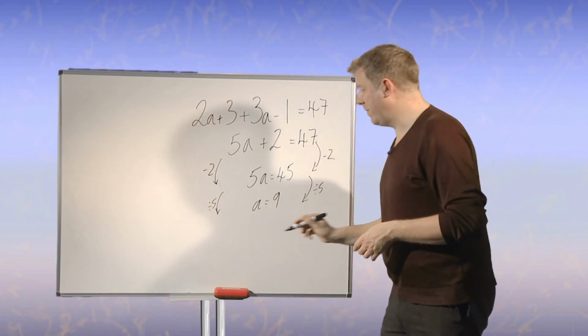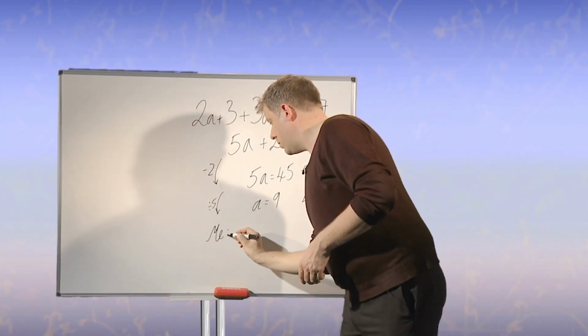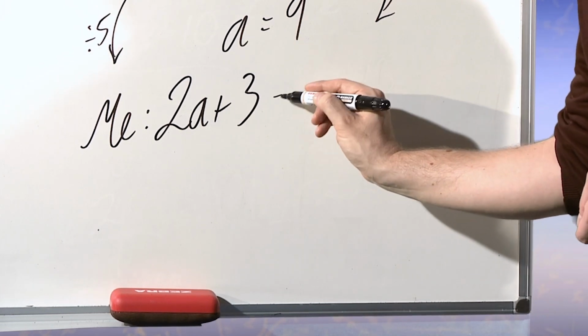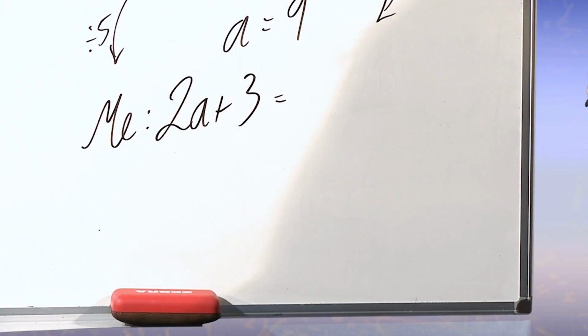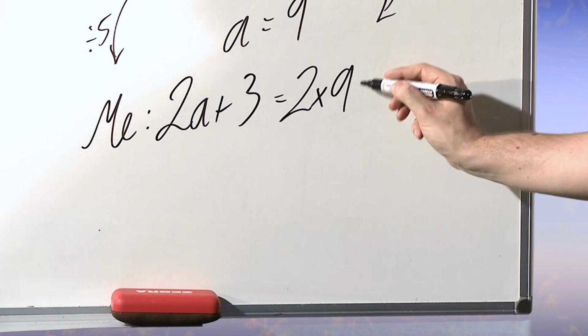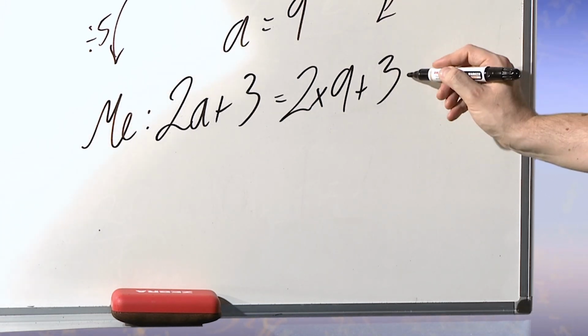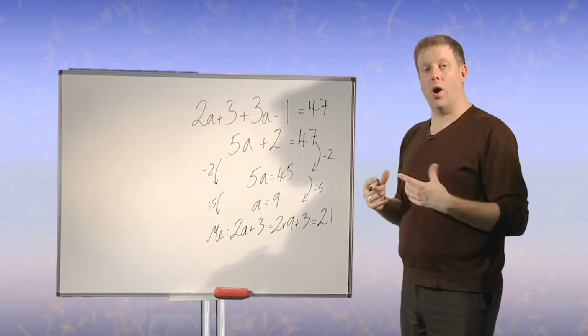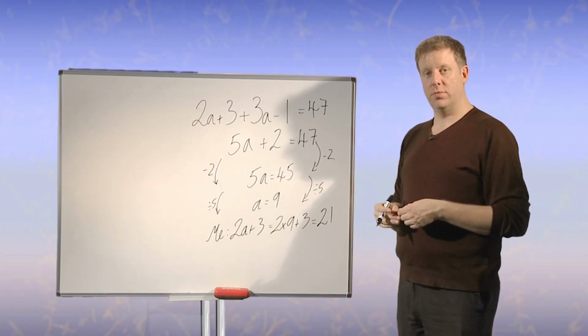So if we look at what I've got, I had 2a plus 3. Now if a is 9, that becomes 2 lots of 9 plus 3, which is 21. So I had 21 marbles.